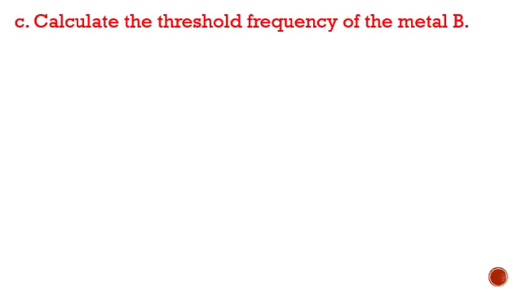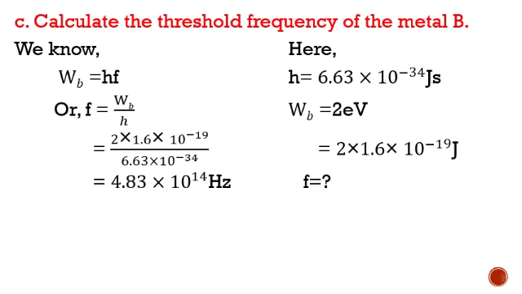The C marks question again: calculate the threshold frequency for the metal plate B. Here for the metal plate B, the work function is given in the stem. That's why you can write WB is equal to hf, and instead of WB we can write 2 electron volt. In the data you can see electron volt should be converted into joule.